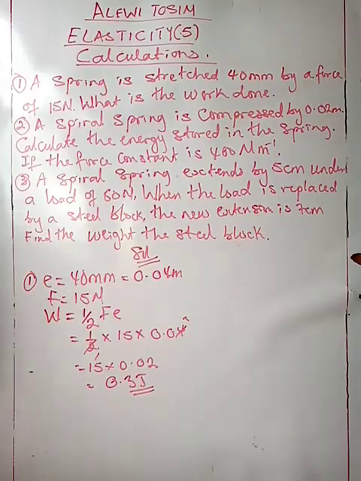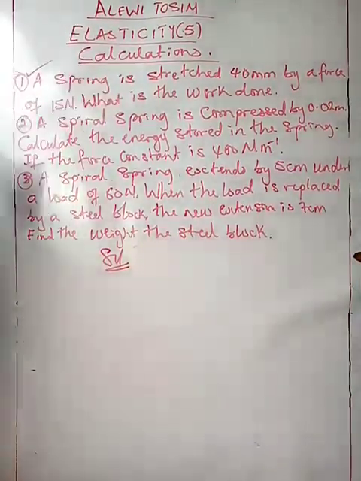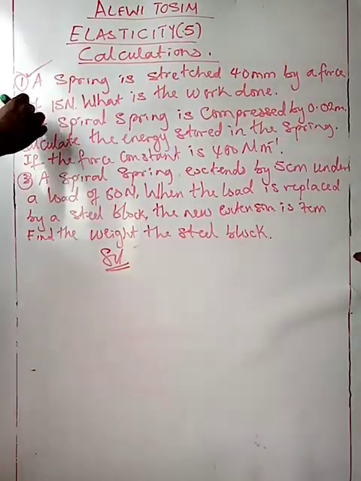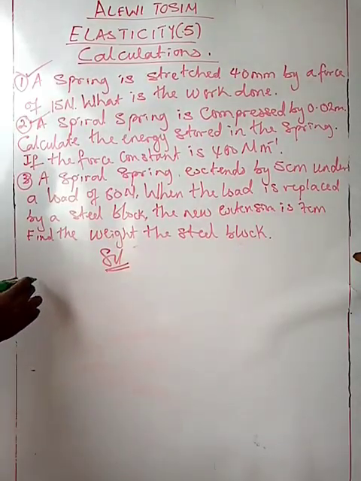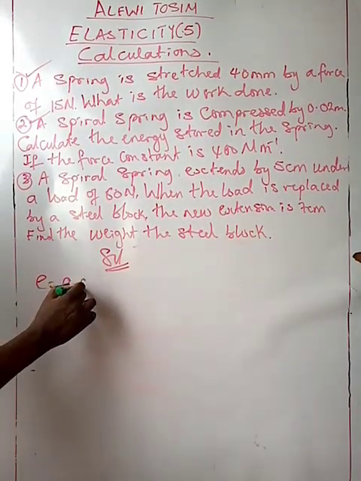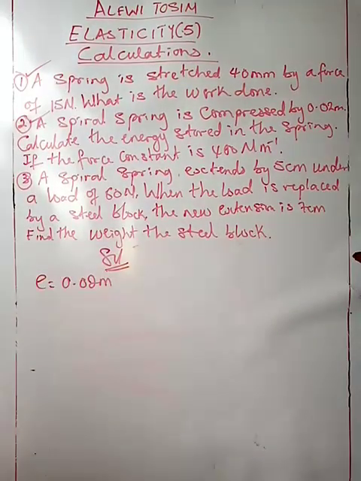Now let's take the second question. Let's mark this as one we've answered. A spiral spring is compressed by 0.02 meters. Compressed, that's the extension, 0.02 meters. We don't need to convert this because it's already in meters.